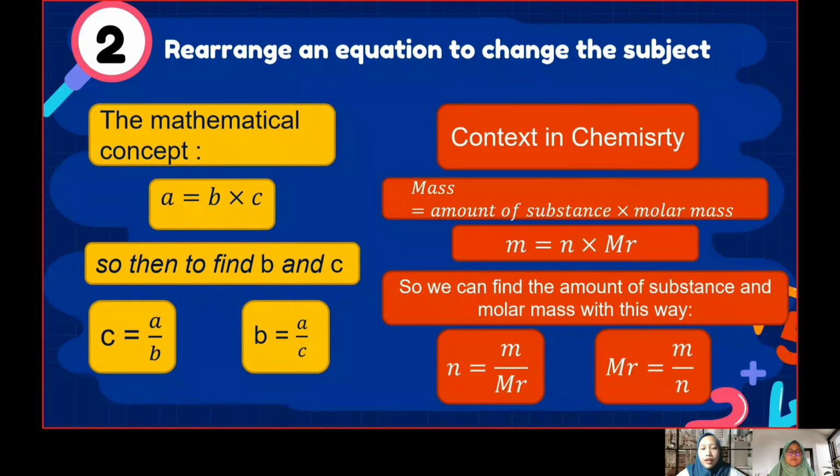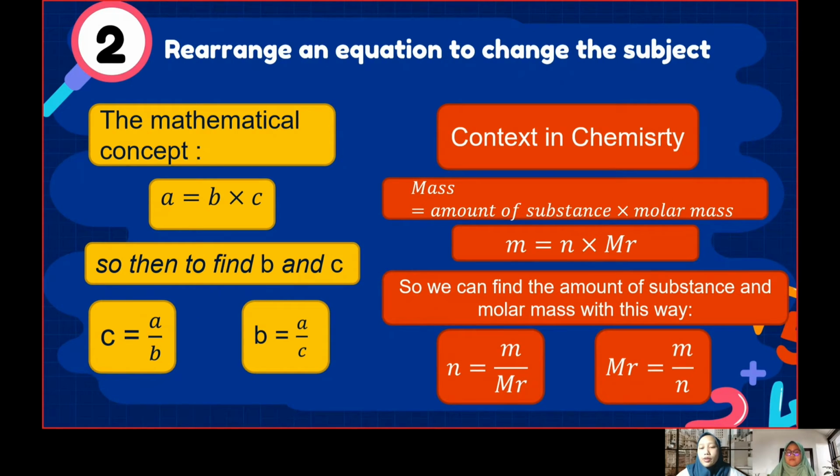For example, in the context of chemistry, for the mass formula, we can use this formula: amount of substance times molar mass.